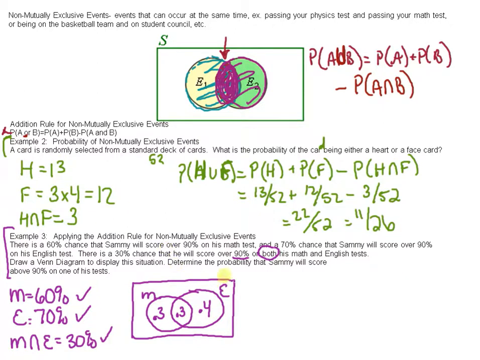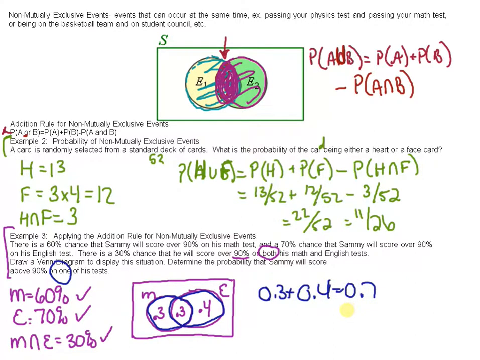Now, what's the probability that Sammy will score above 90% on one of his tests? So we actually can just look at this Venn diagram since we've already done all the work. So the math is 0.3, and scoring above 90% on only English is 0.4.